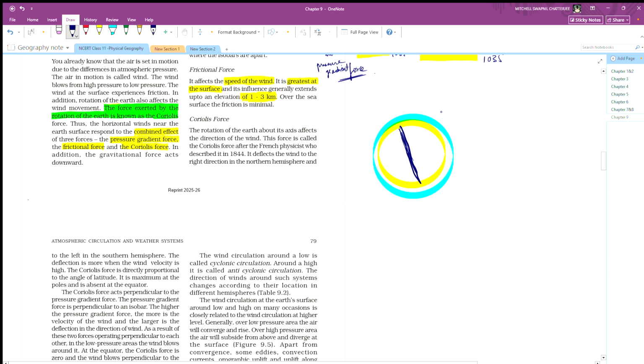Earth is rotating, but the wind is not physically attached to the Earth's surface. Imagine the Earth rotating this way.